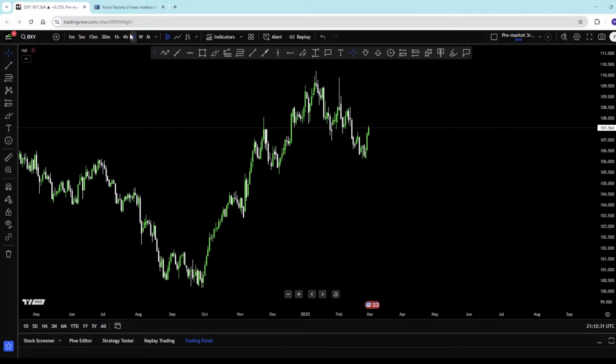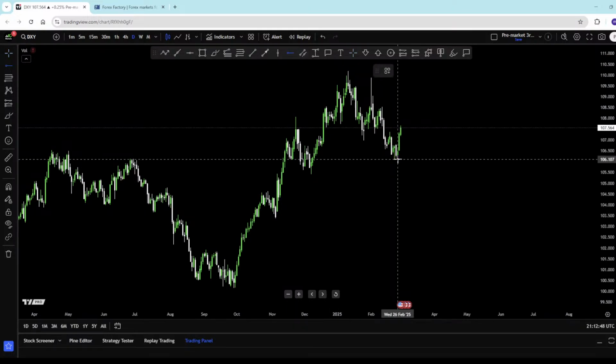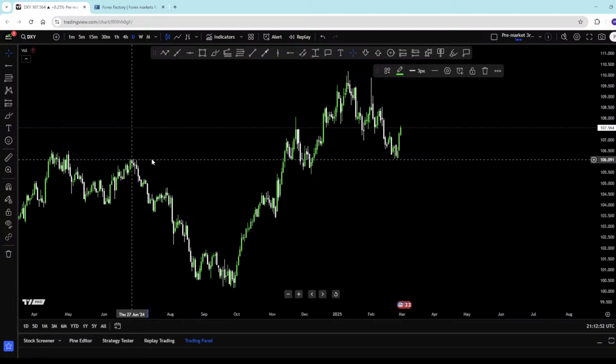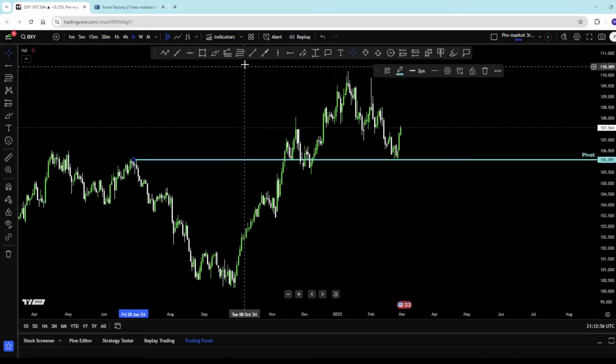So generally, we like to follow the overall trend when it comes to looking at the overall direction that prices are headed towards. So here I see prices moving upwards. So I'm gonna place my first support maybe over here on my pivot.